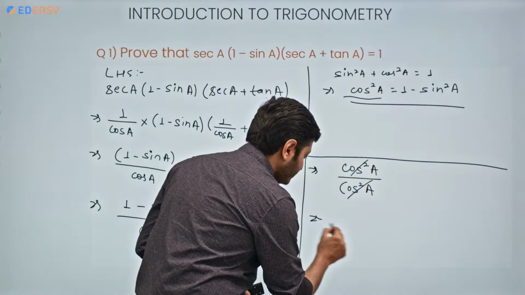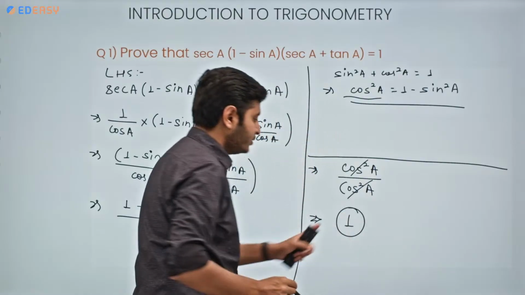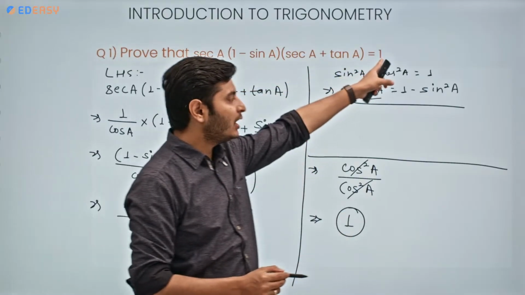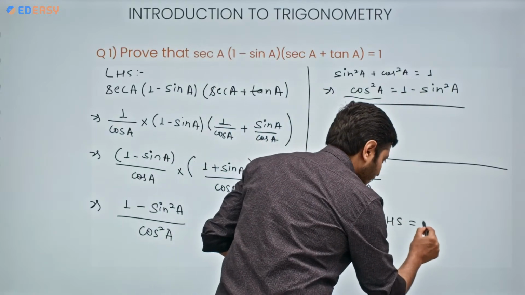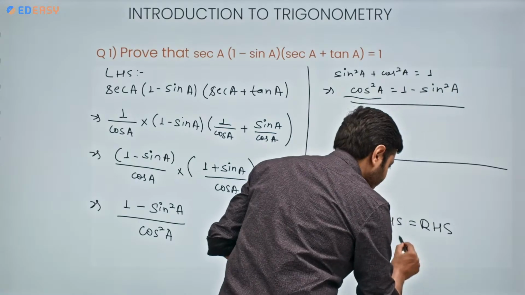So what are we left with now? 1. So this is your LHS now. This is your RHS. So LHS is equals to RHS now. Hence proved.